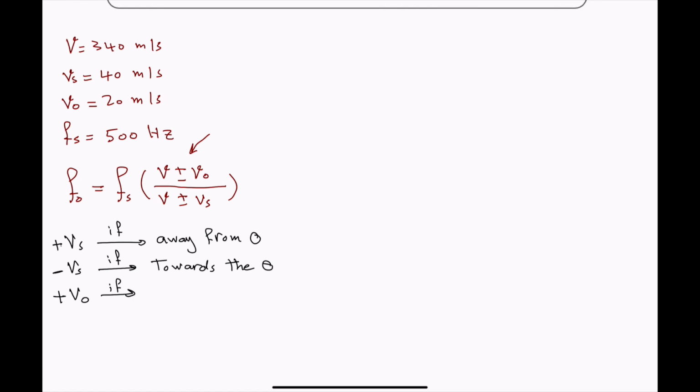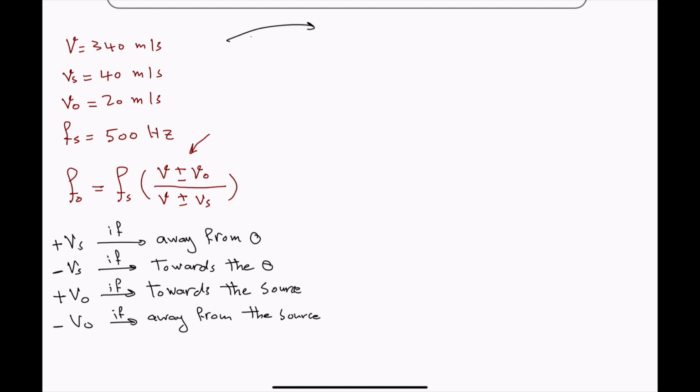The source speed is positive if it moves away, so here the observer speed will be positive if it moves towards the source, and it will be negative if it moves away from the source. Check this.